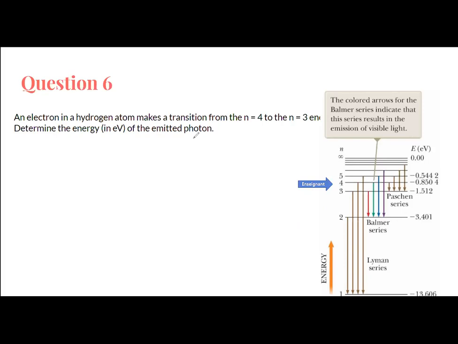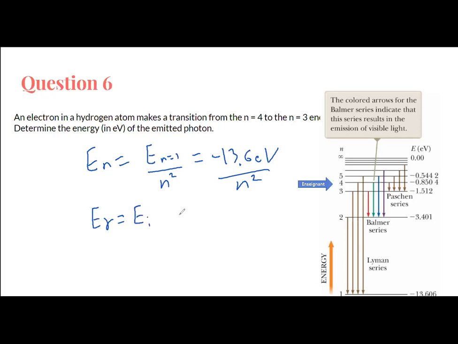So the energy of any level is the ground state energy times the level number squared. Thus it's 13.6 eV divided by n squared. So the energy of the photon is equal to the difference in the levels.